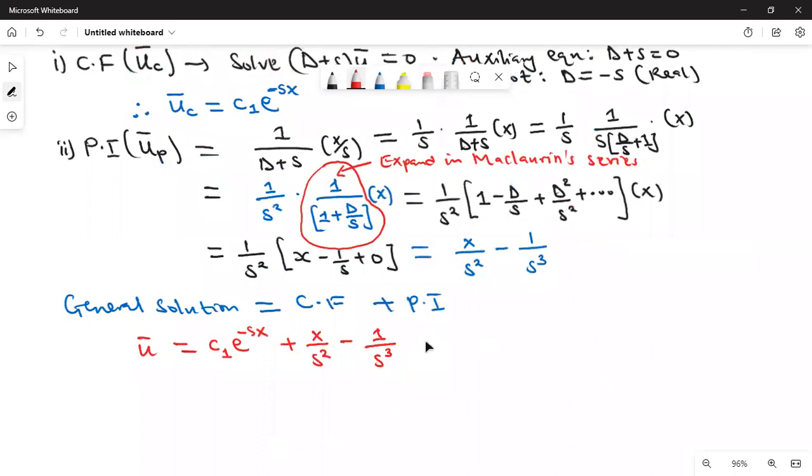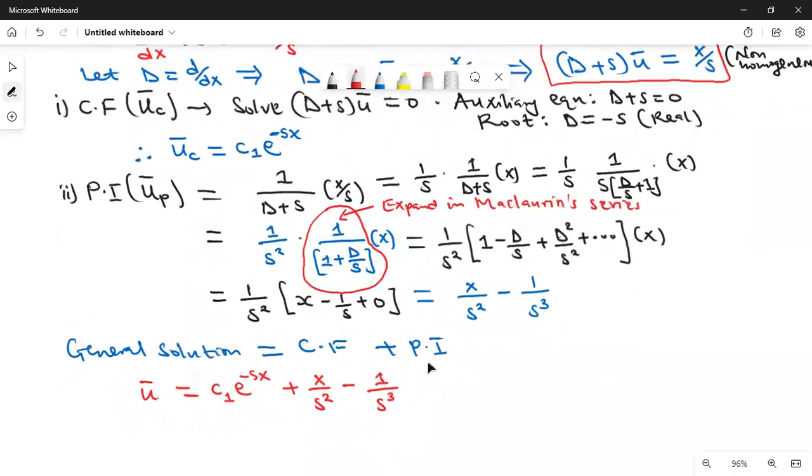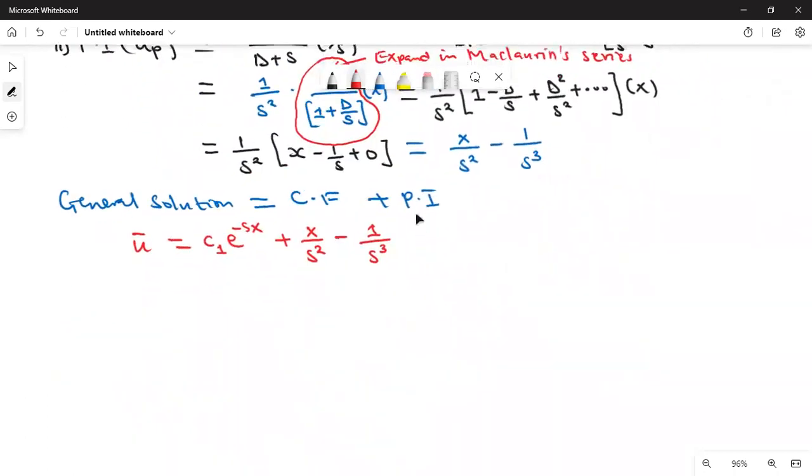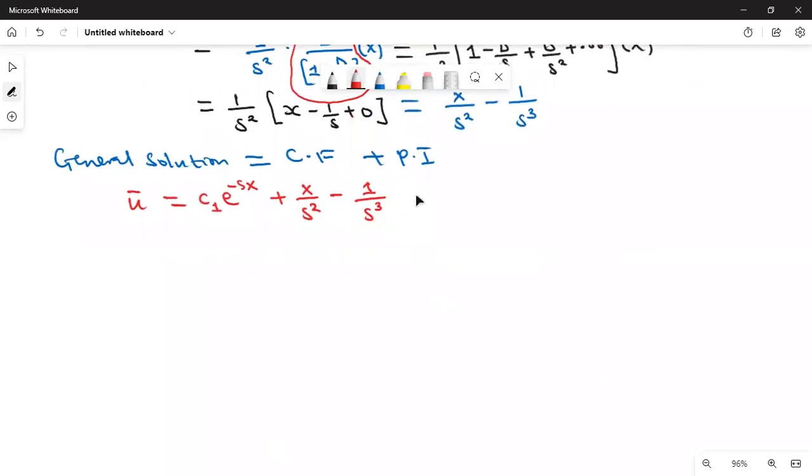That is step 2. Step 3, we need to apply the boundary condition. So write step 3. Apply the boundary condition. What is the boundary condition?